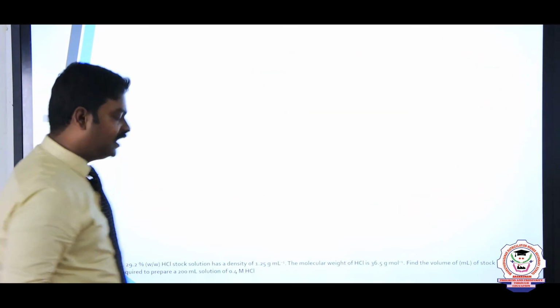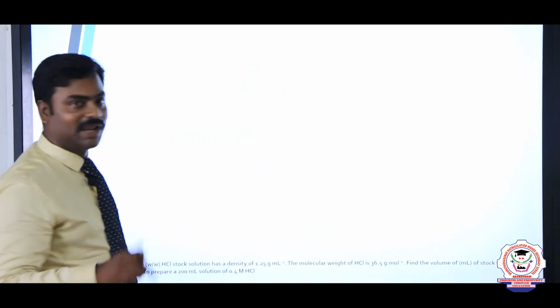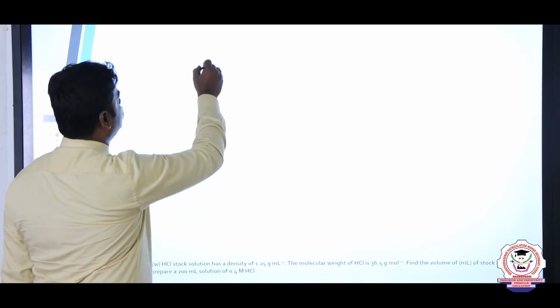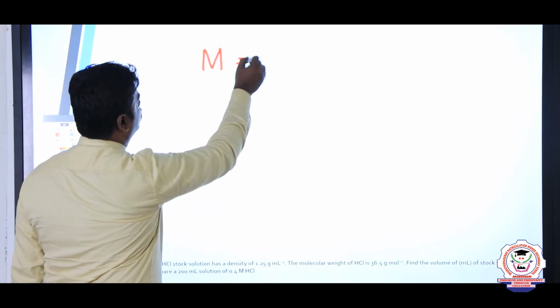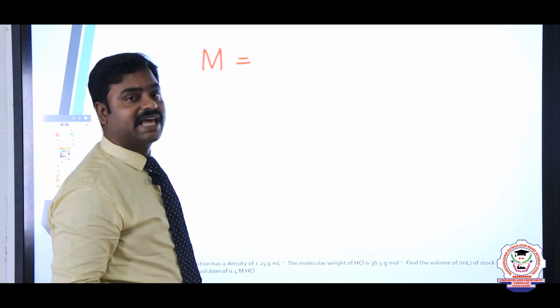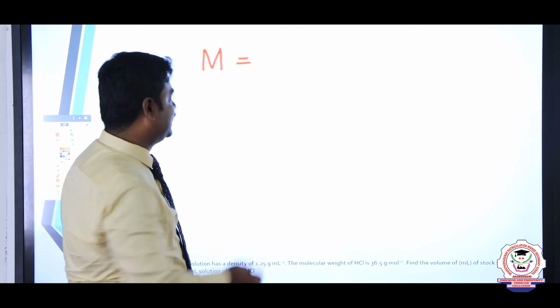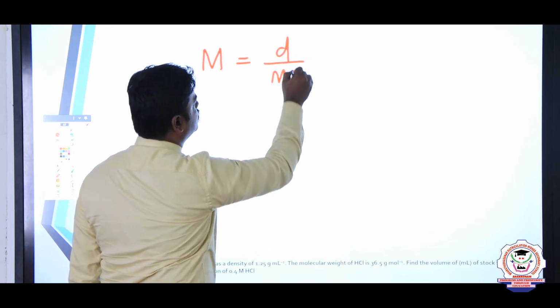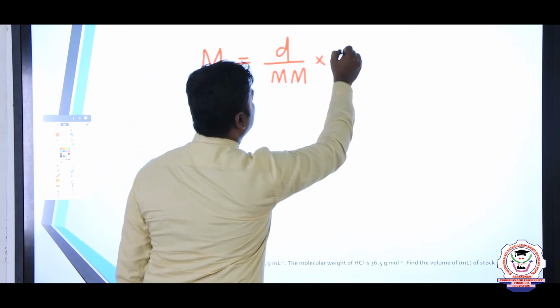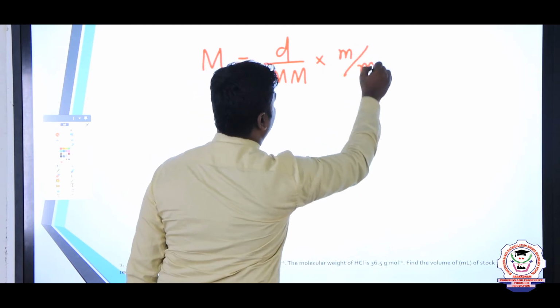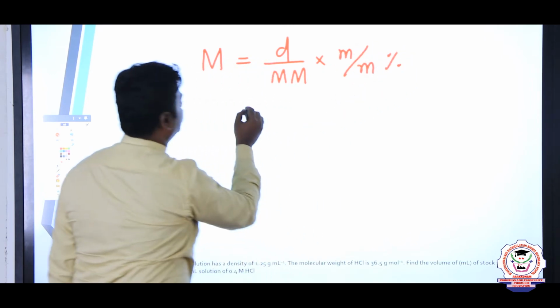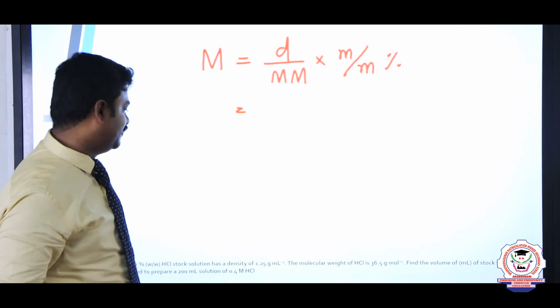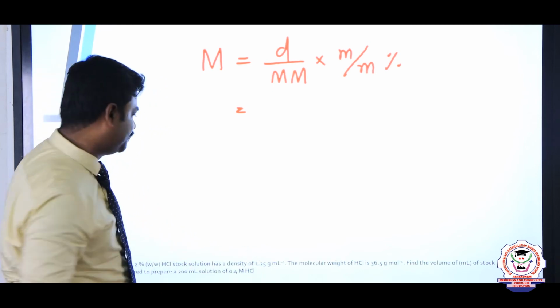Now see, they have given the mass by mass percentage solution as 29.2%. Now we have to convert it to molarity. So molarity is equal to, just now we derived the expression, density divided by molar mass into mass by mass percentage. What is the density? The value is given as 1.25 gram per ml.